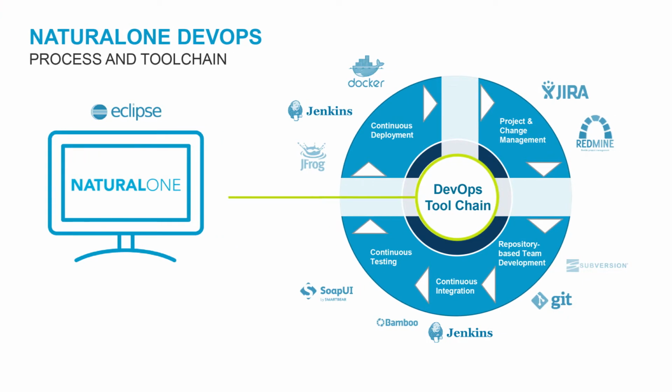This is an illustration of the NaturalONE DevOps process and toolchain. We start with the project and change management and tools such as Redmine or Atlassian Jira. Source code changes are done in repository-based team development using a source code management system like Subversion or Git.